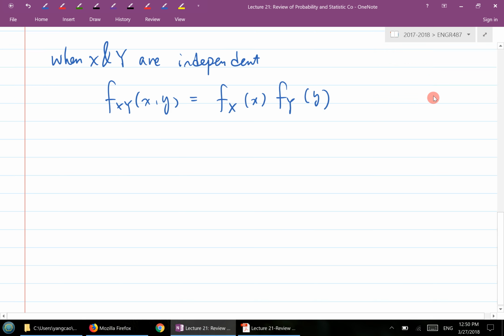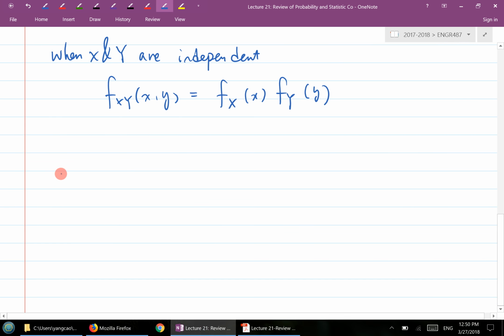So for example, let's say you have random variables x and y. If I plot it, this is the type of thing you usually will see.